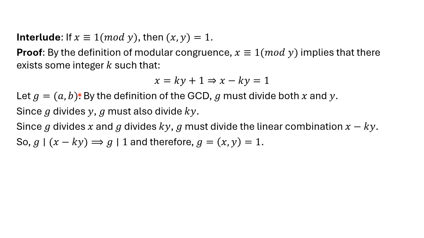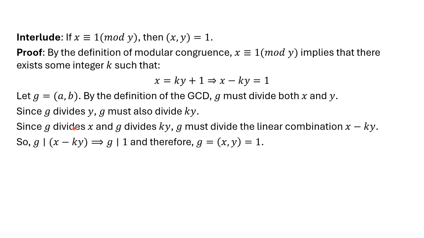Then let g equal the GCD of x and y. By definition of a greatest common divisor, g must divide both x and y. Since g divides y, g obviously must divide k times y, where k is just an integer.